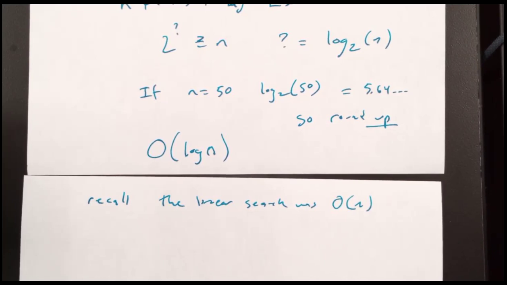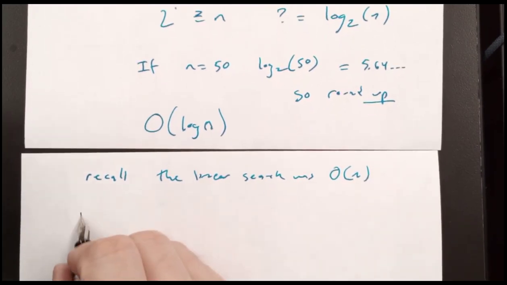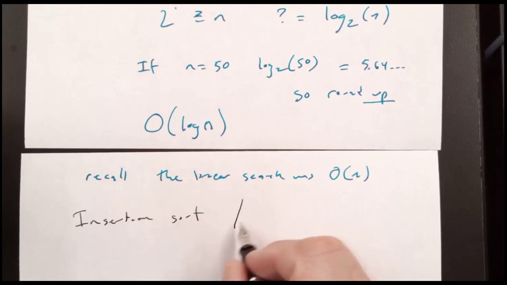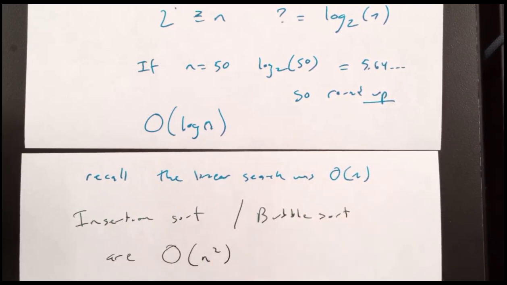The problem is that I need to sort my list first to do the binary search, right? And sorting algorithms themselves take time. If I give you an unsorted list, you've got to sort it first. Both the insertion sort and the bubble sort are big O of n squared.